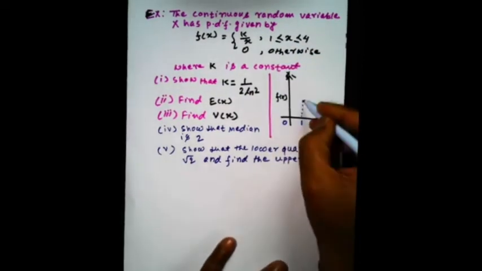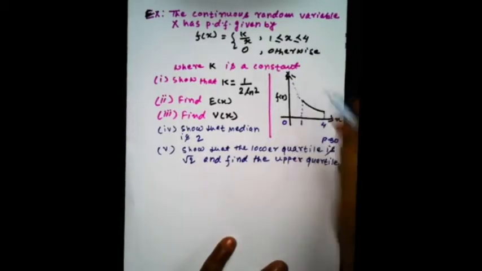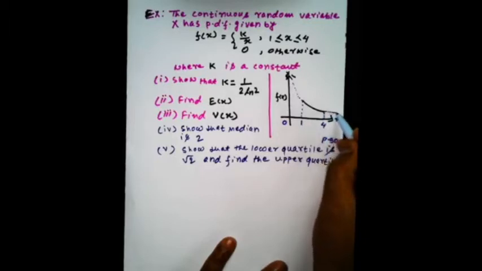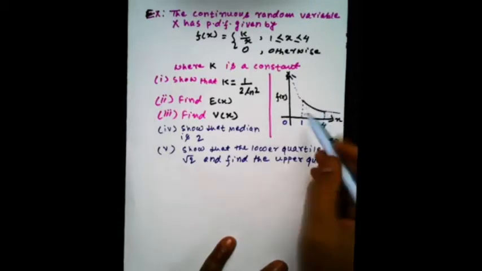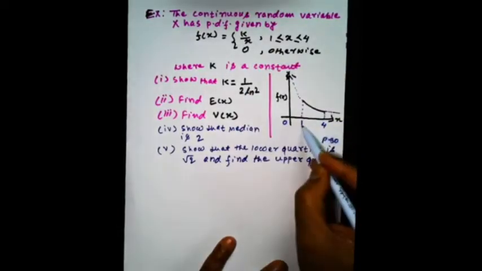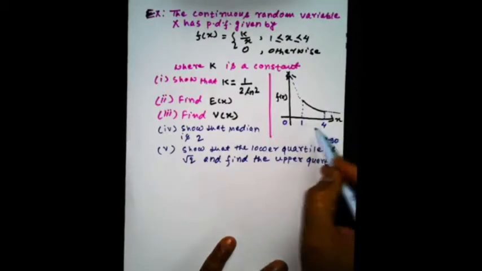Even though there are other parts of this graph, below this point and beyond x equal to 4, statistically the probability is defined only for x between 1 and 4 inclusive.